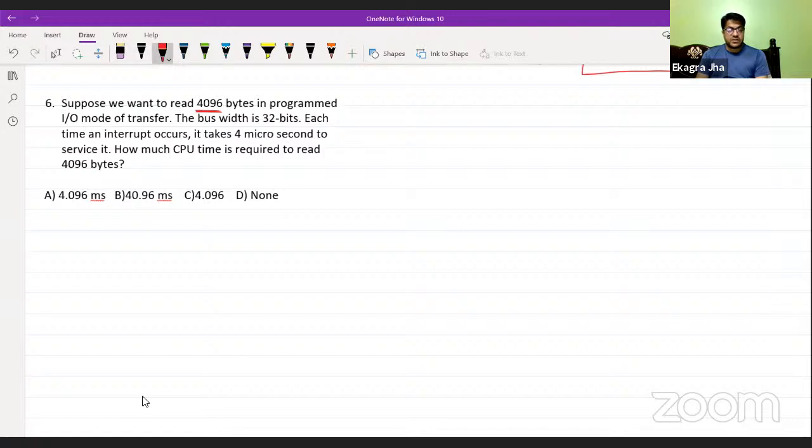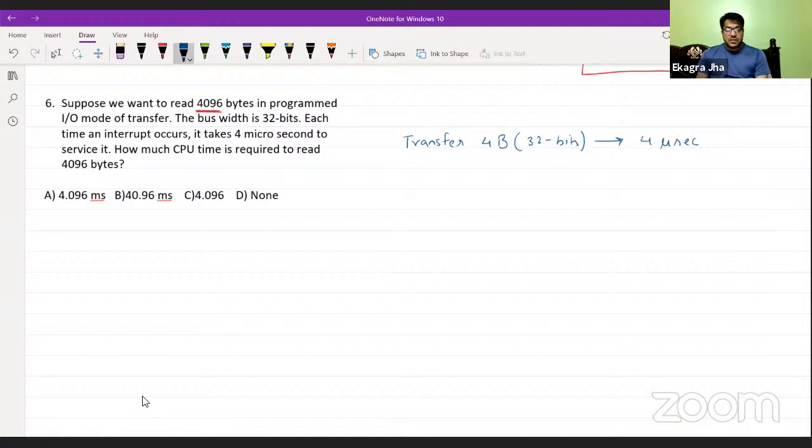So this is a very easy question. All you need to do is find the time taken to transfer one byte. So one byte time taken multiplied by 4096 will give you the total time taken by the CPU to read 4096 bytes. First thing first, transferring 4 bytes, which is given as 32 bits, takes 4 microseconds.